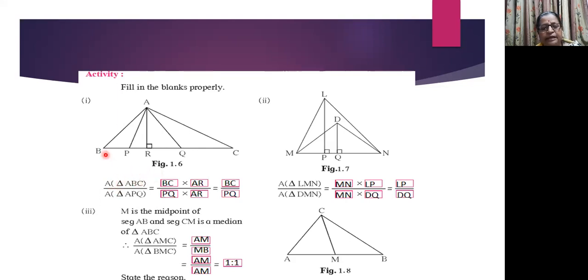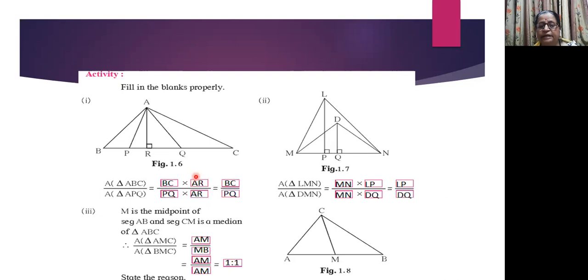See that in triangle ABC, BC is the base and AR is the height. In the other triangle, APQ, PQ is a base and AR is a height.